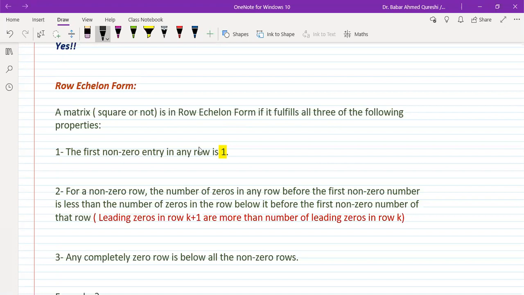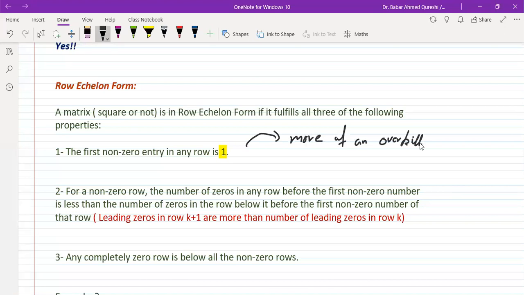What are the properties? Pick any row. It could start with 0, that's fine. But after the zeros, the first number you encounter must be 1. This is kind of more of an overkill, but that's how people call it, so we will stick with it.